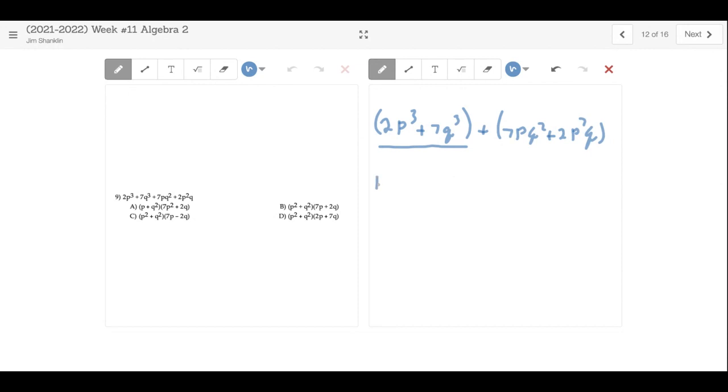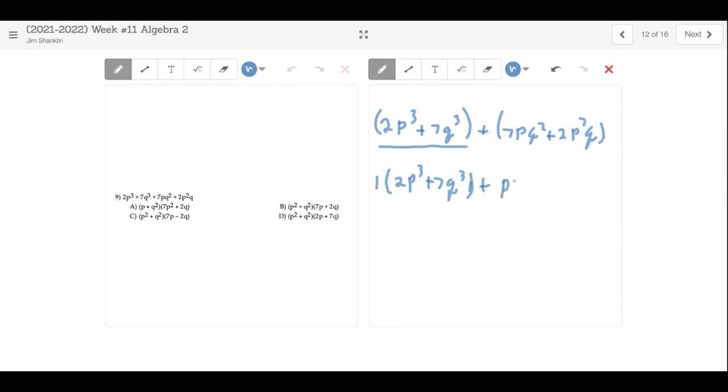Could I factor a 1 out? Sure. I'm going to factor a 1 out, just because. All right, I factored a 1 out. Okay, now the second one, factor out a pq?